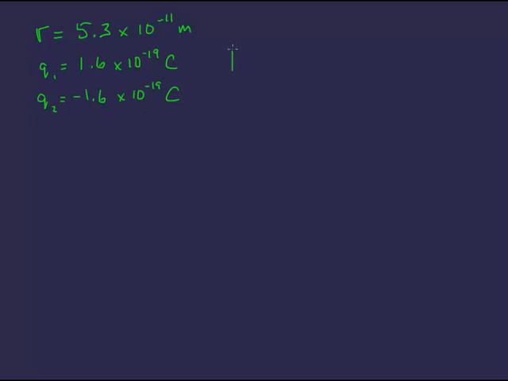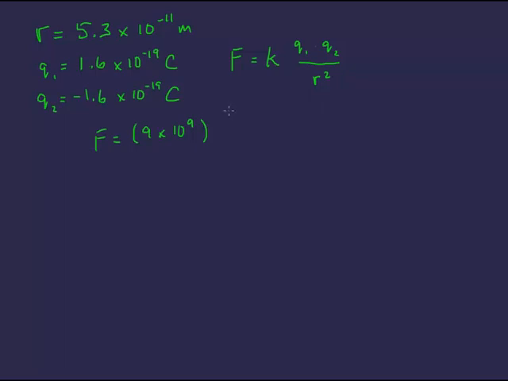So the force is going to be found using Coulomb's law. It'll be K times Q1 times Q2 over R squared. So let's just plug the numbers in. I'm going to do it down here. So we'll have K, which is 9 times 10 to the 9. And I'm not going to put the units in for that. That's too much trouble.